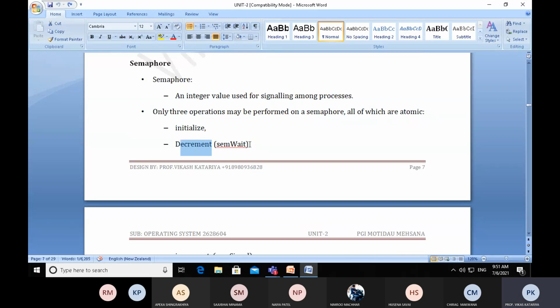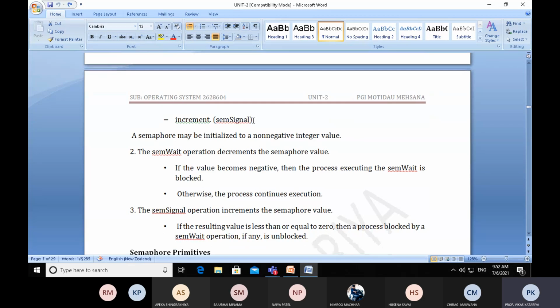So whenever the sem wait function is called by the semaphore variable, we always decrement the value. Whatever the value of the semaphore, it should be decremented by 1. And if the sem signal procedure is called, then the value of the semaphore will be increased by 1. That is why it is called an increment function.